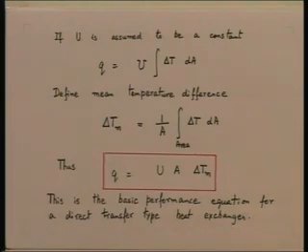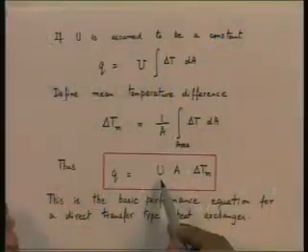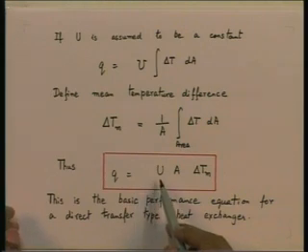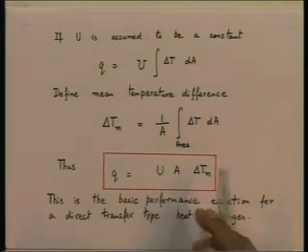So, suppose I have a direct transfer type heat exchanger, whatever it be, shell and tube, plate fin, plate, whatever it is. If I want to calculate the Q, the amount of heat transferred per unit time in that heat exchanger, I will need to know the value of U, the overall heat transfer coefficient. I will need to know, of course, the heat transfer area, and I will need to know the mean temperature difference for the heat exchanger.